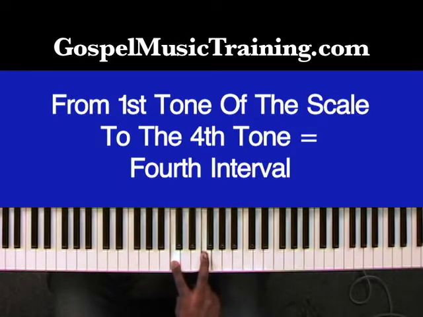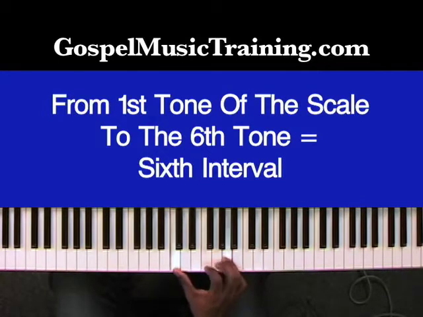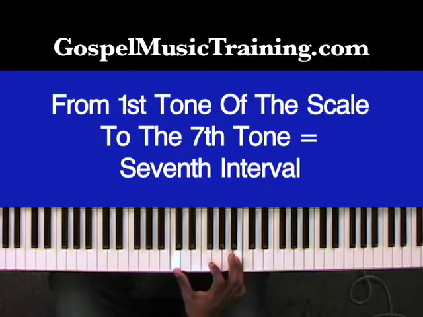The distance between the first tone and the fourth tone, well, you should get the gist now. Those are called fourth intervals. The first tone to the fifth tone are fifth intervals. The first tone to the sixth tone are sixth intervals. And the first tone to the seventh tone is a seventh interval.